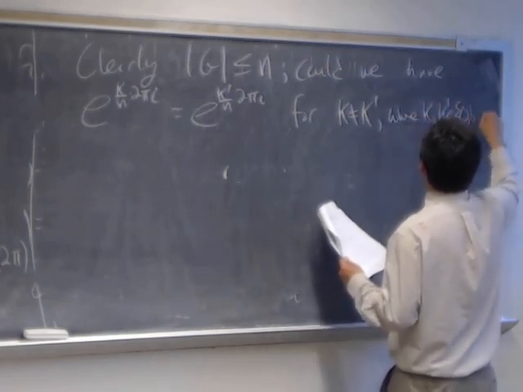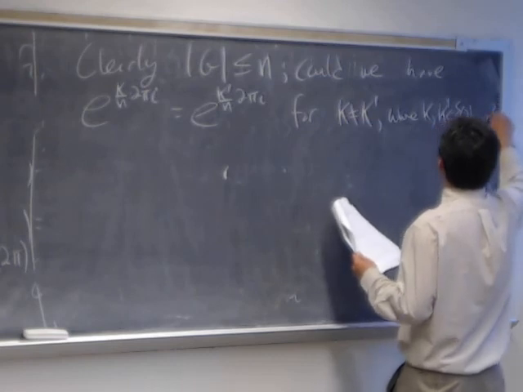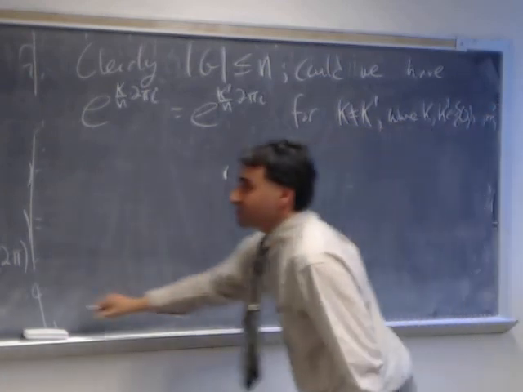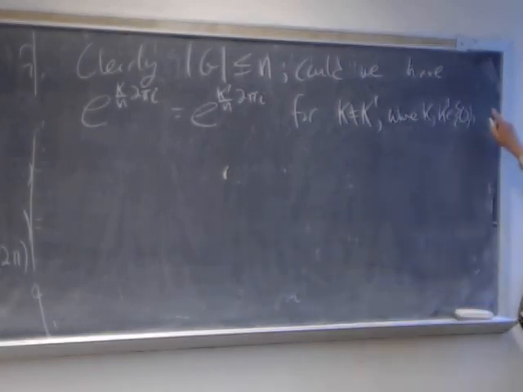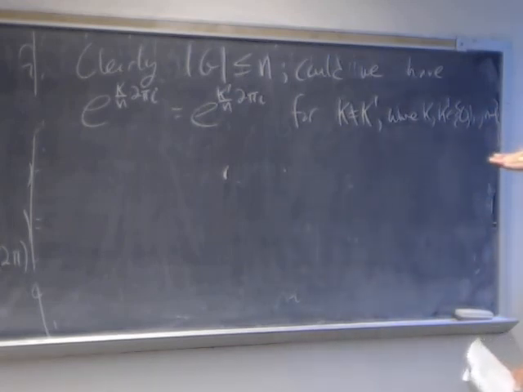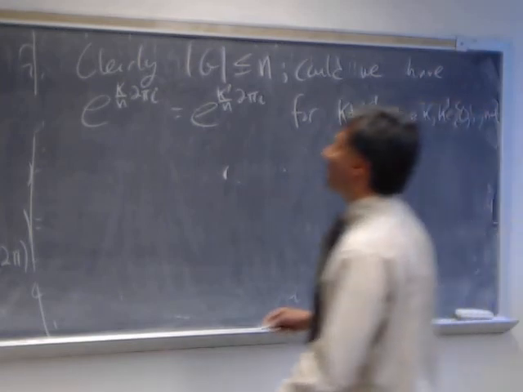Remember, being in the set G, the criteria we picked was that the number in the numerator, k, had to be between 0 and n minus 1. So could this happen? So what we're going to do is we're going to prove this by contradiction.